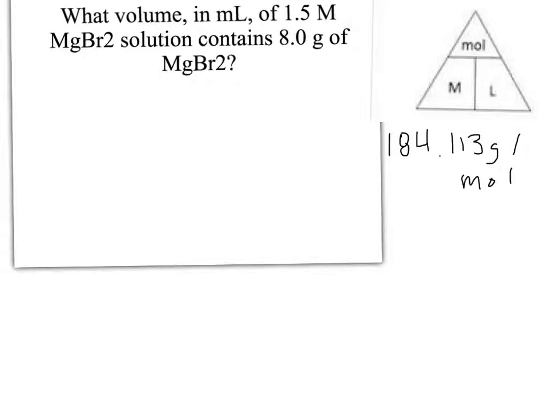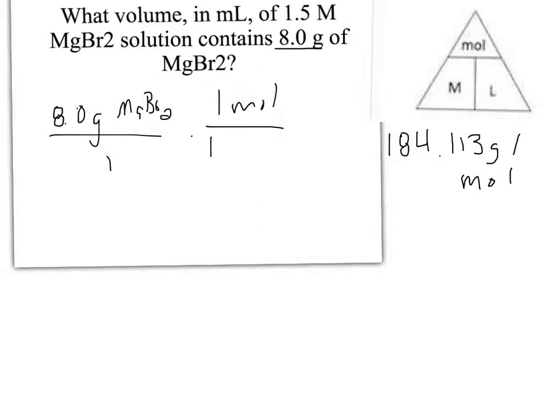Okay, so the first thing you're going to do, we see a mass, so let's convert that to moles. 8.0 grams of MgBr2 over 1 times 1 mole is 184.113 grams.